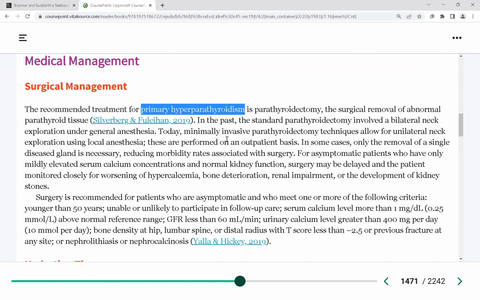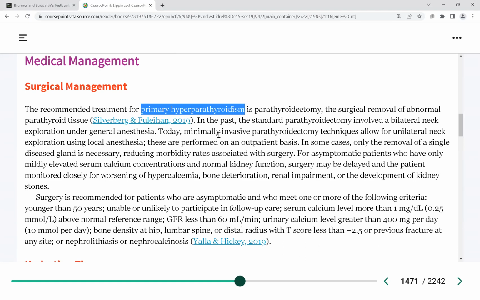So since we're talking about surgery here, will the surgery be any different or the same as thyroidectomy? The risk factors, right? Your nursing responsibilities. The same. Exactly the same. So we won't talk about that again.